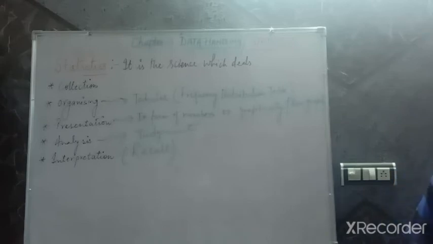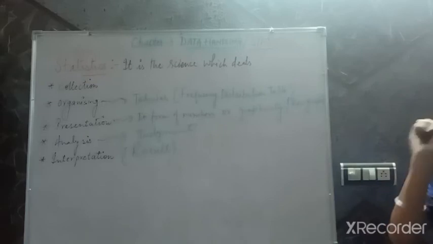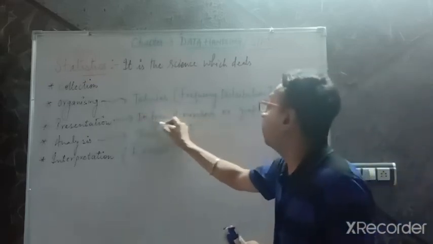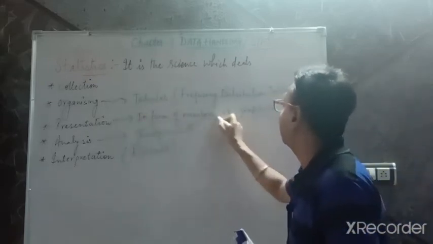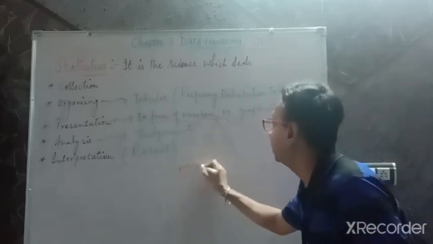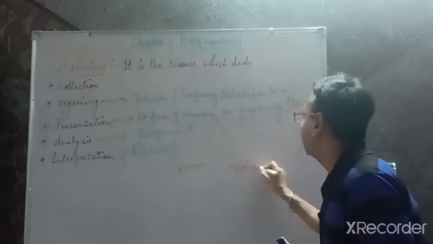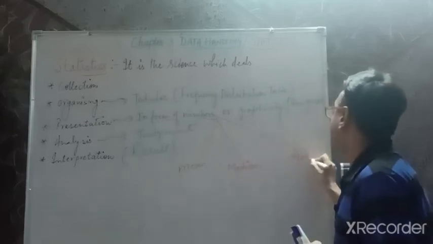The last definition for today, I told you, presentation. The presentation of the data in the form of numbers can be done in three ways. We have to find the mean of the data, the median of the data, and the mode of the data. This is numerical presentation, in the form of numbers.